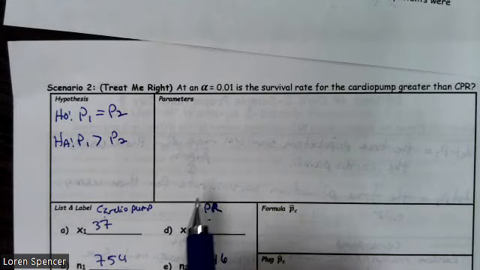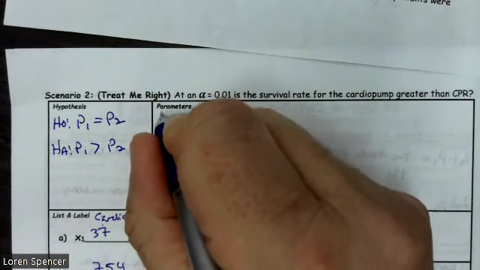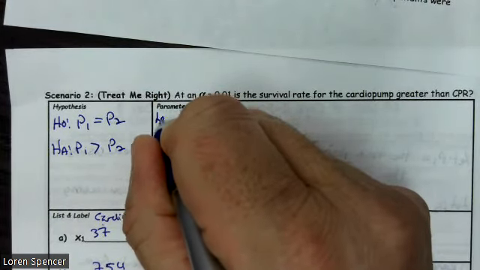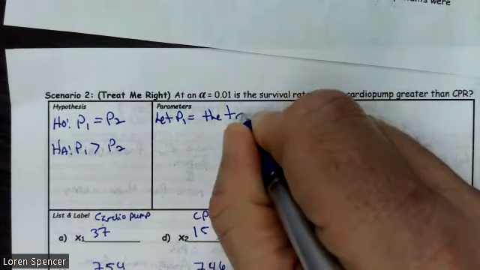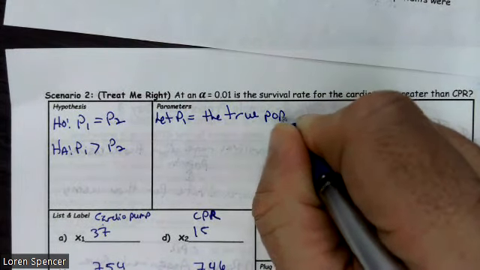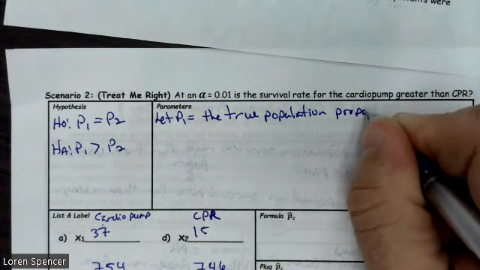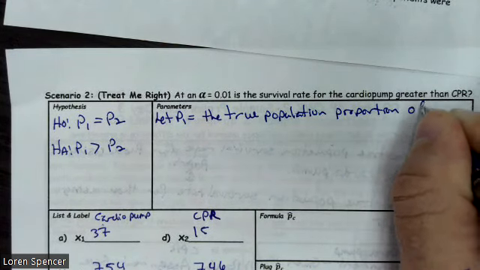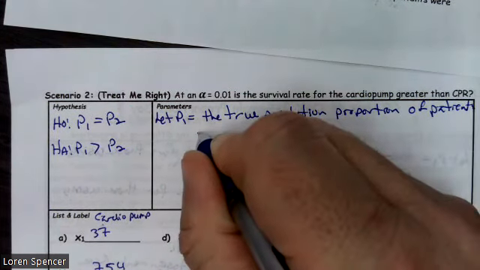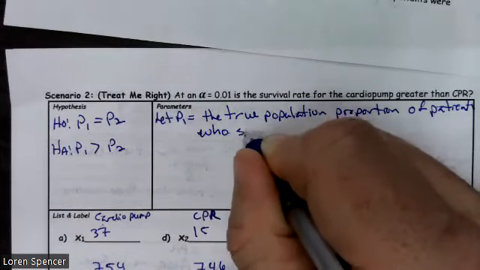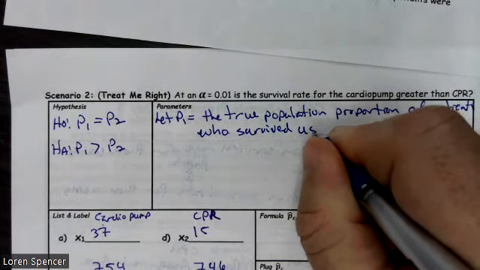Because we use those symbols, P1 and P2, we need to define them in context. Let P1 equal the true population proportion of patients who survived using the cardio pump.